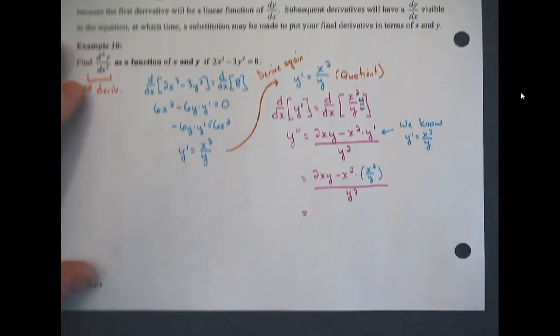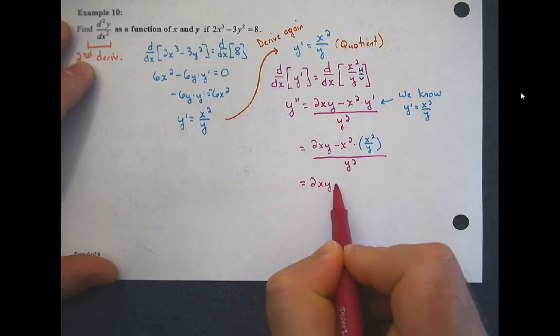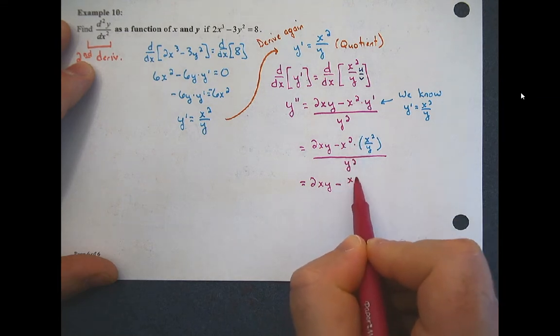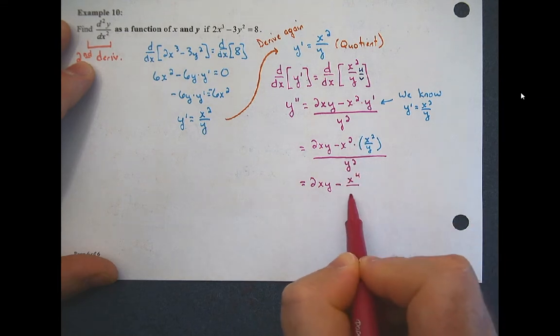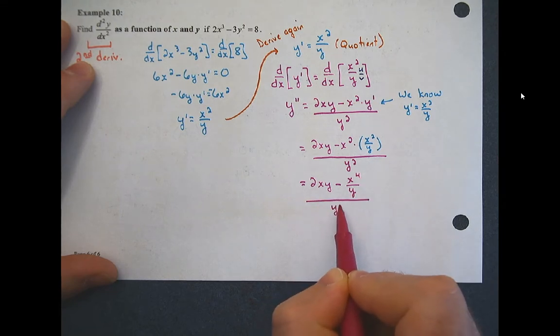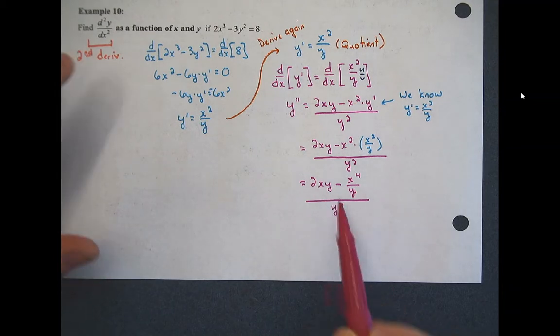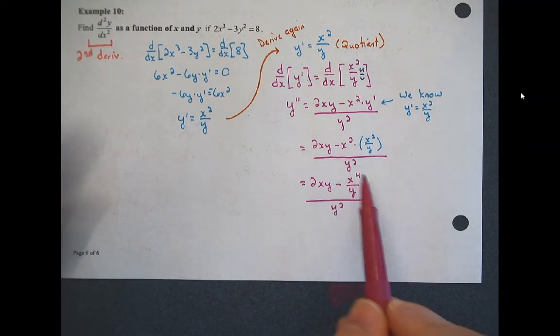And now I can start to clean this up. So I would have 2xy minus x to the fourth over y, over y squared. Actually, let's get common denominators first. Usually we would flip and multiply, but then I'd have to distribute.